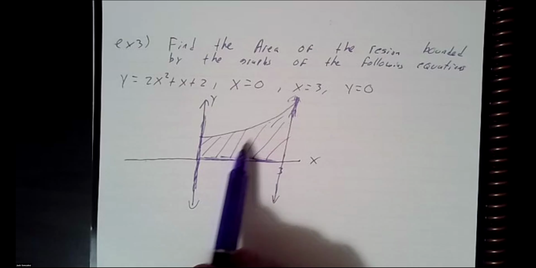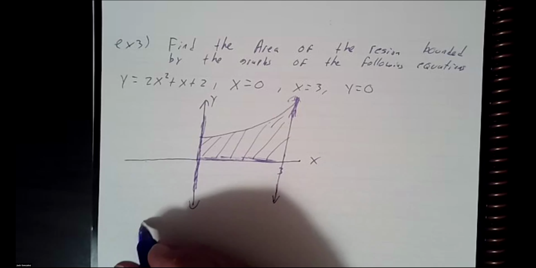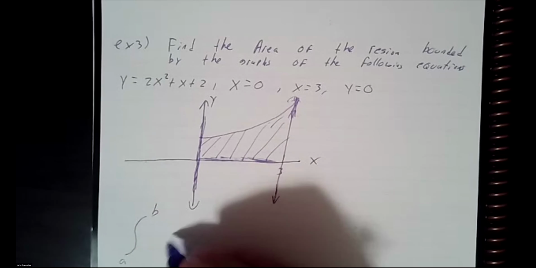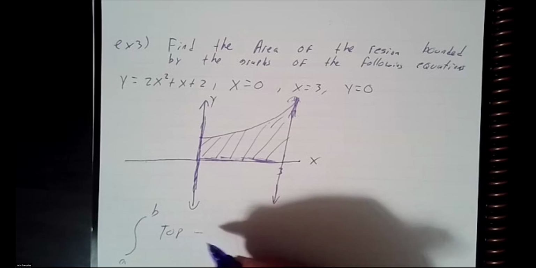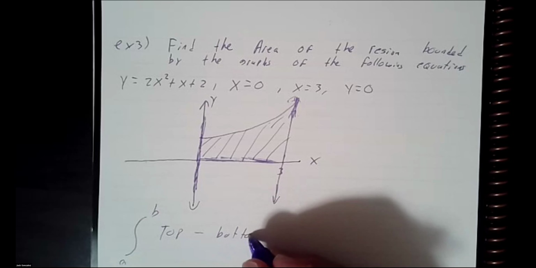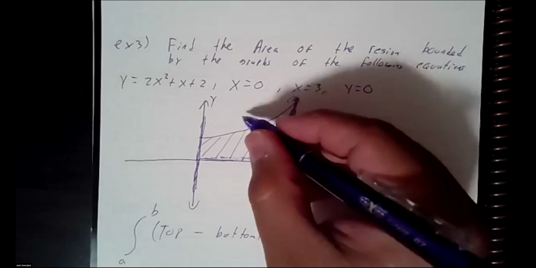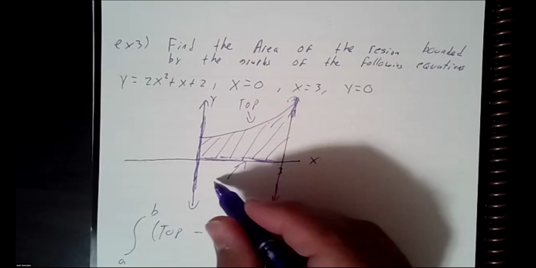But the reason we need the graph of the region is because when you create the integral from a to b, it has to be the top part of the region minus the bottom. So this is the top, this is the bottom.